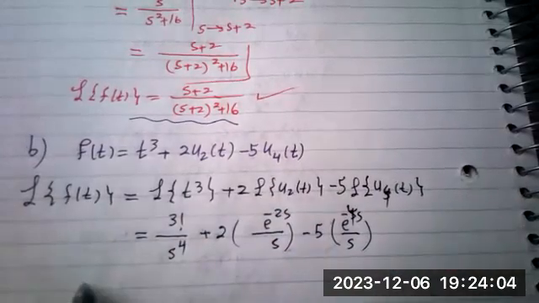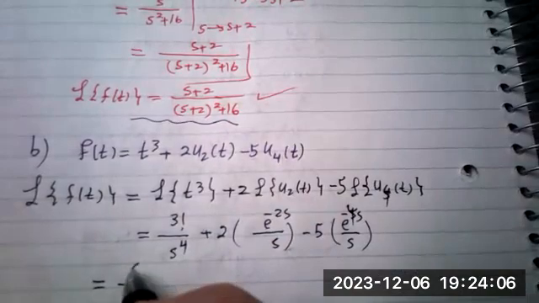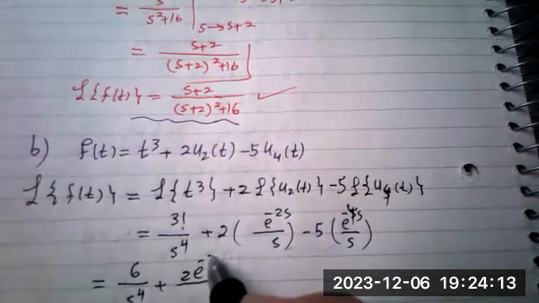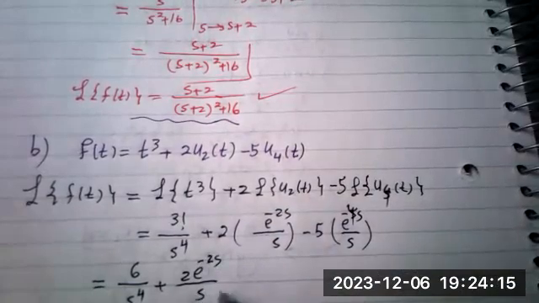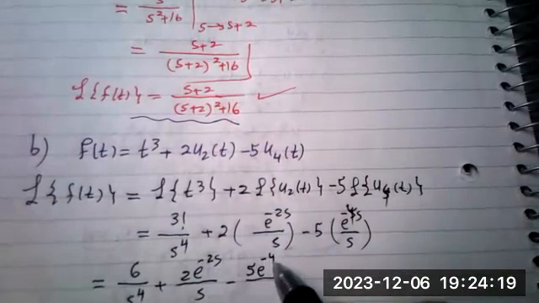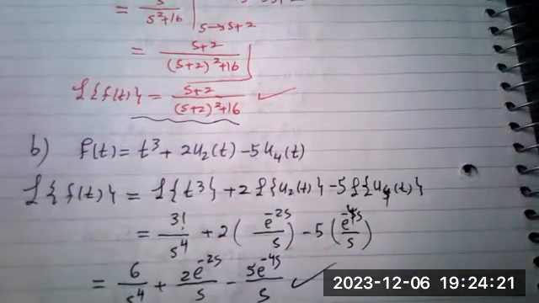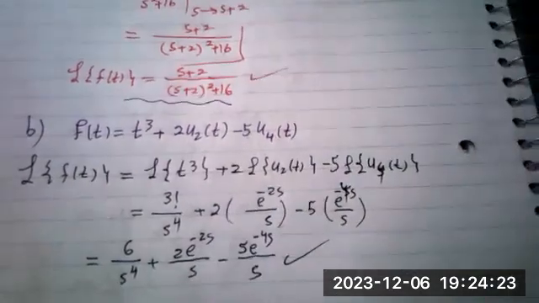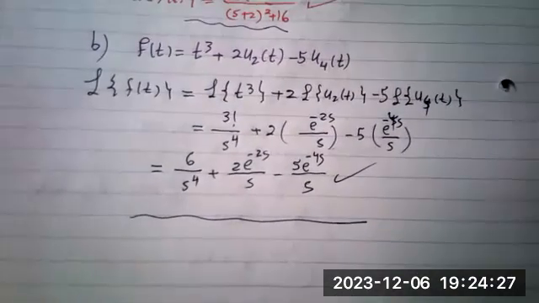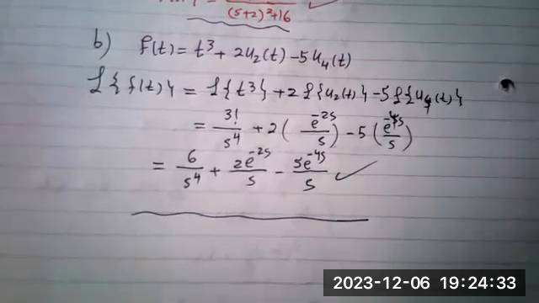So the final answer is what? 3 factorial, 6 over s to the 4, plus 2 e to the negative 2s over s, minus 5 e to the negative 4s over s. The final answer. We accept this type of answer. So that gives you the unit step function. Remind yourself of the formulas that you need to know.